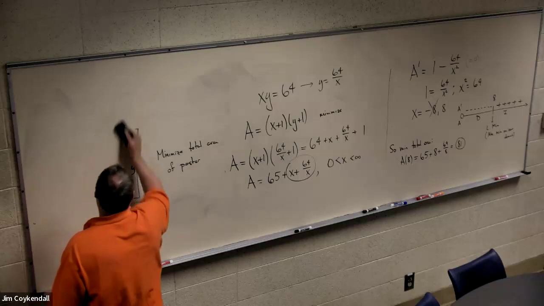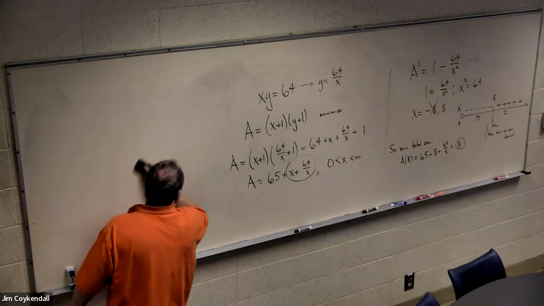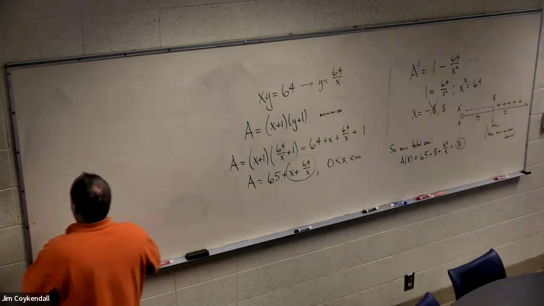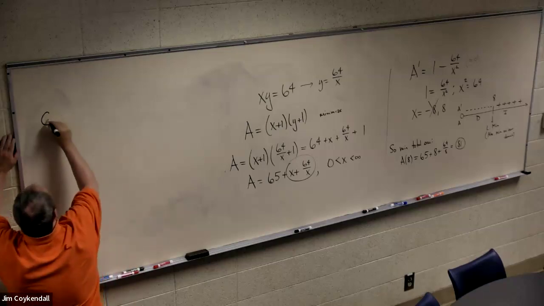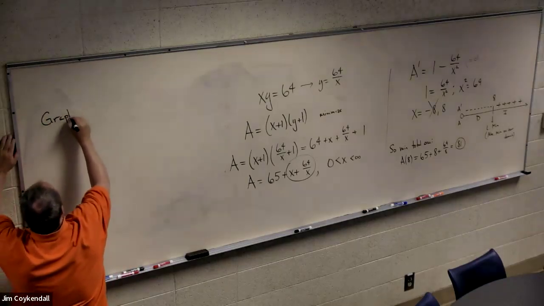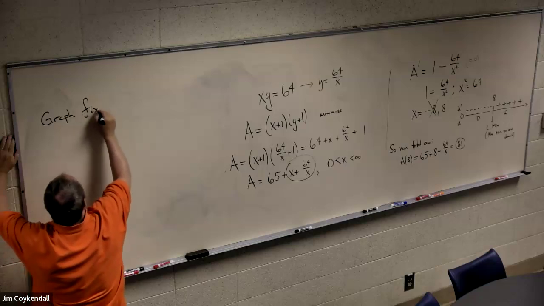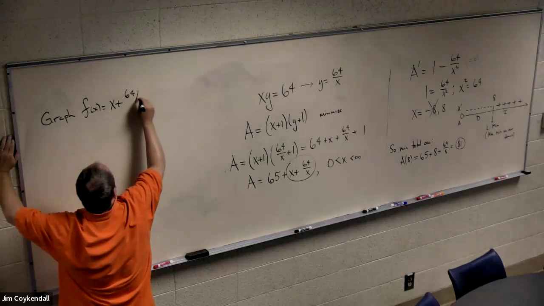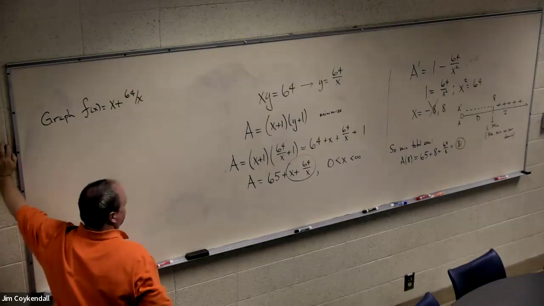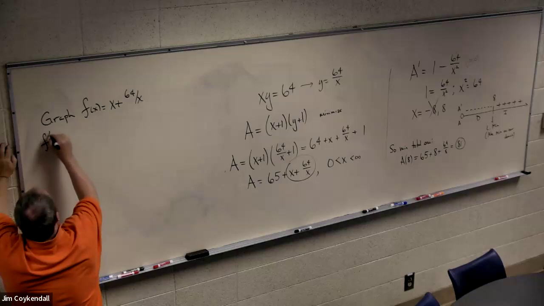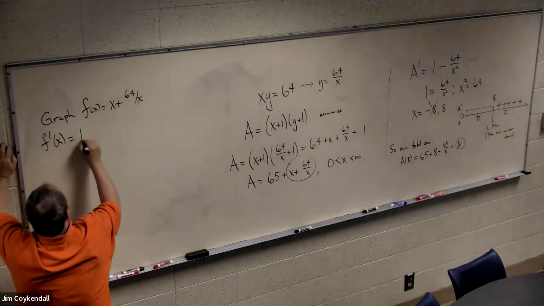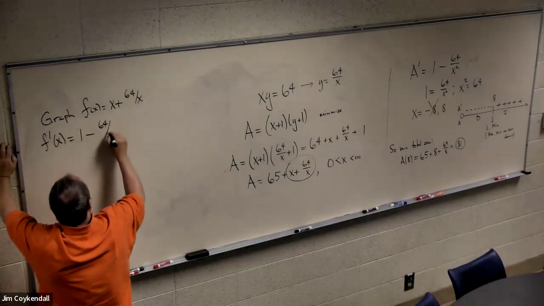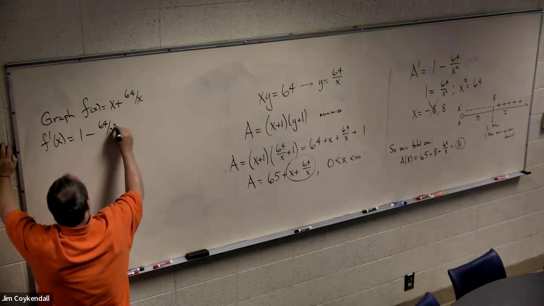So, done the practical problem. Let's see what this is. We've already done the derivative of this. We got 1 minus 64 over x squared.